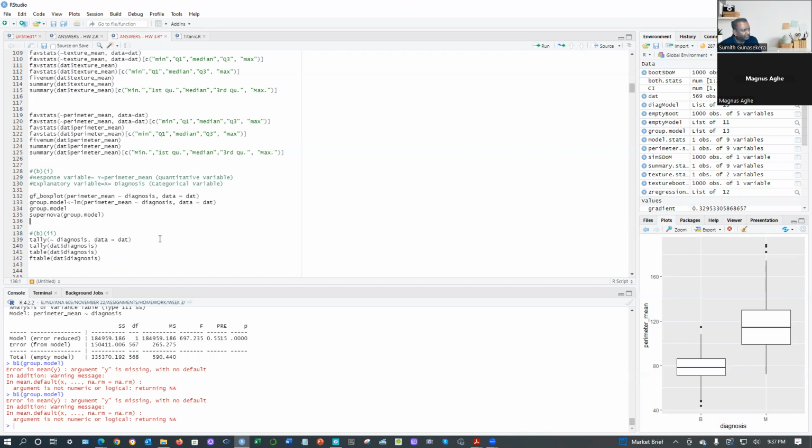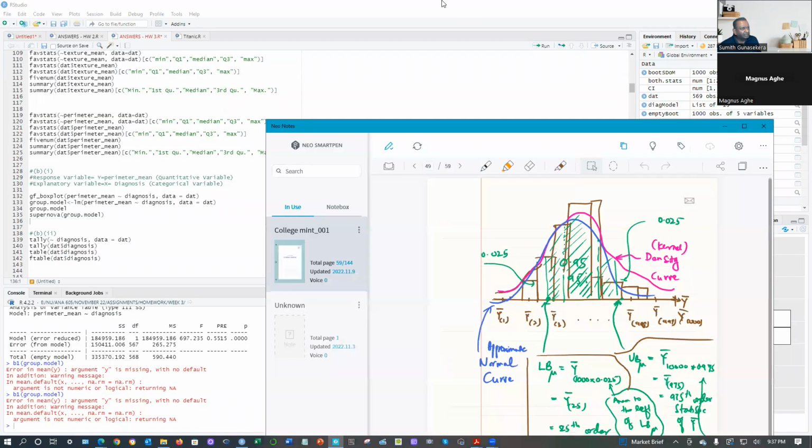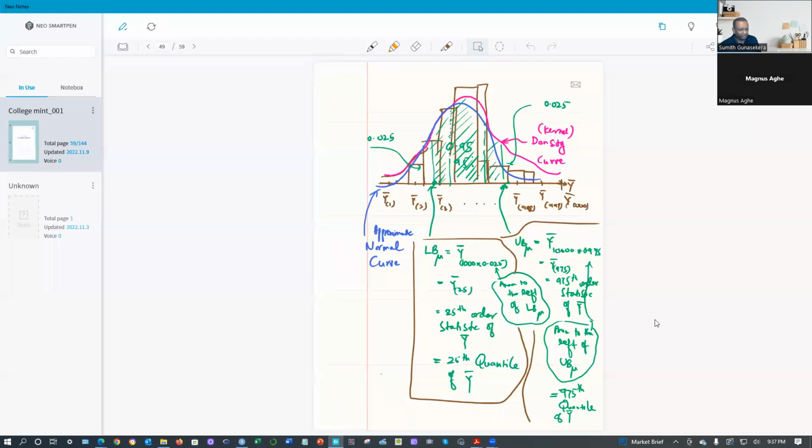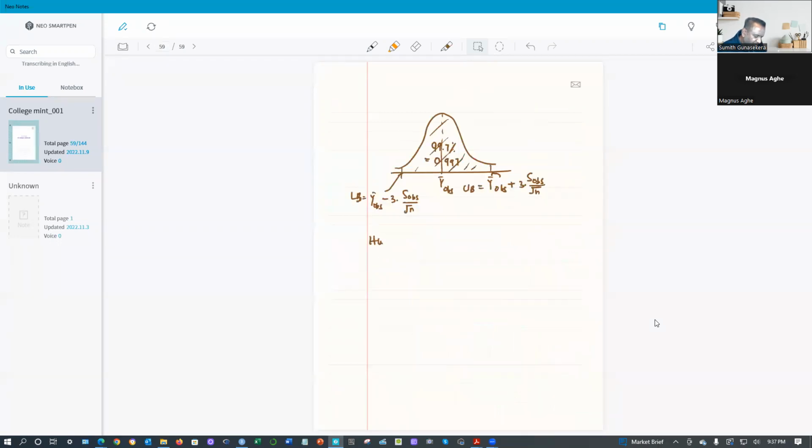But anyhow, here, see, we get the perimeter mean. This relates to Q1 part B, okay?